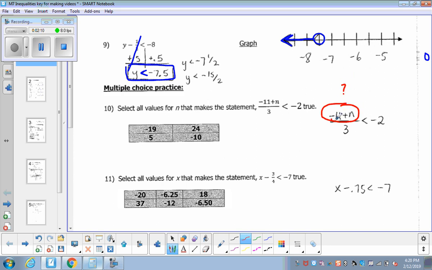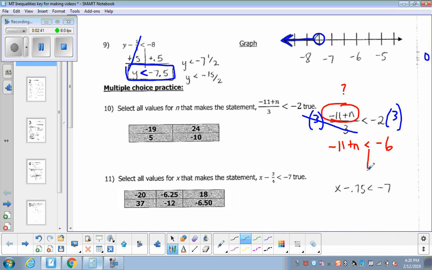Now for this unknown up here, to get rid of the 3 in the denominator, all we have to do is multiply on both sides. When we multiply on both sides, this is what's left, the numerator on this side, -11 plus n. We did not multiply by a negative. That 3 is not a -3, so I'm going to leave my symbol alone. And this -2 times 3 is a -6. So first, we've successfully gotten rid of the denominator.